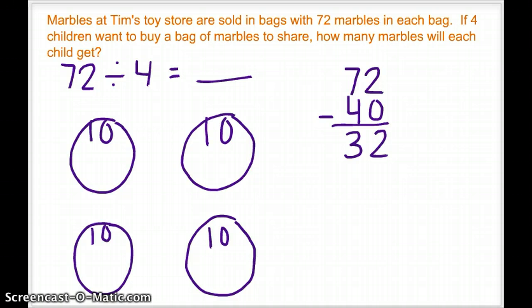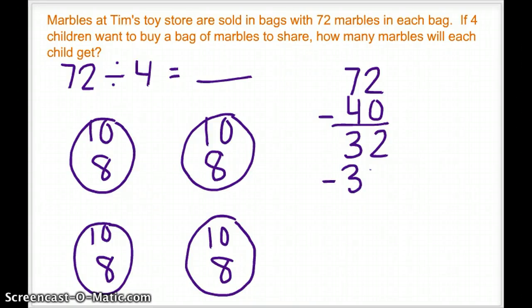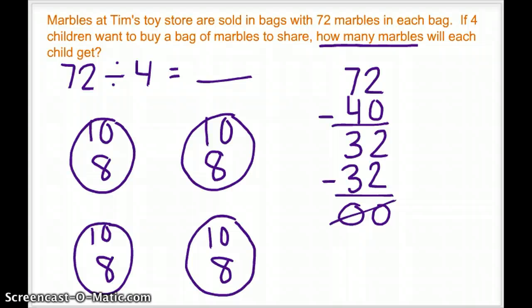So I can think, what can I do 4 times to equal 32? If I know my basic facts, I know that I can give 8, 16, 24, 32, because I know 8 times 4 is equal to 32. That means all of my marbles have been taken, and I'm going to refer back to my question.